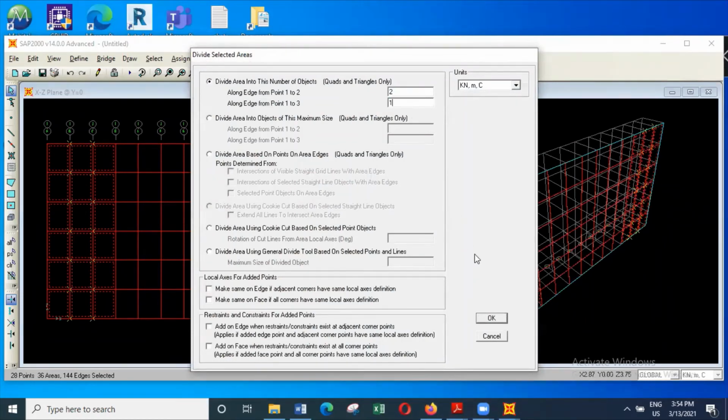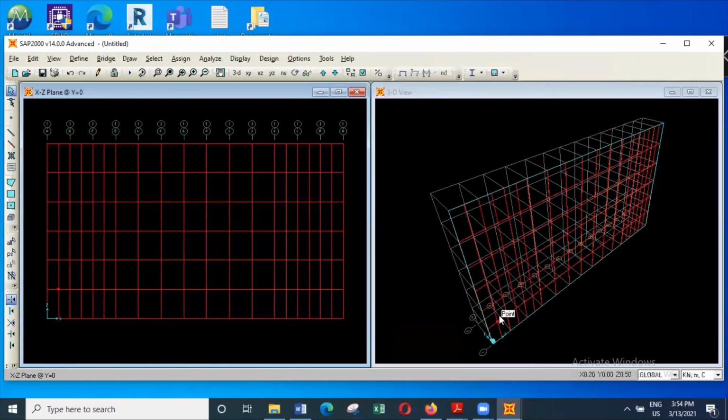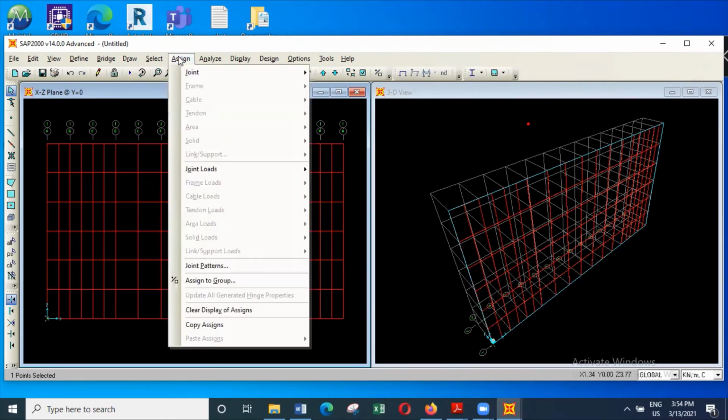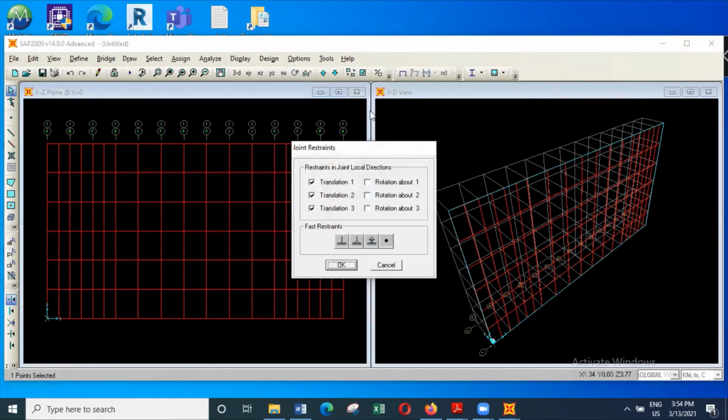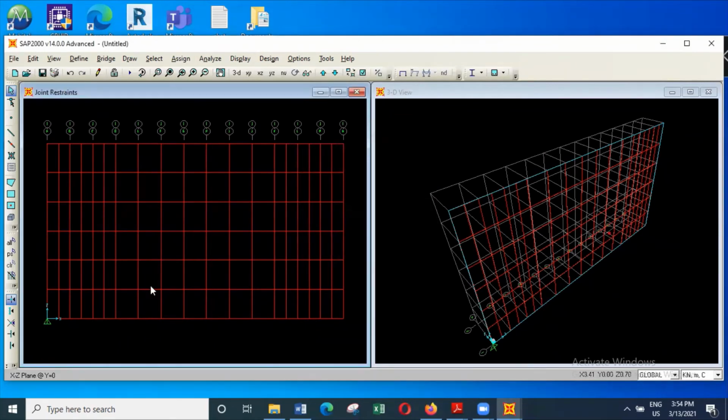2:1. Okay. So now I can assign the supports, and I will assign a joint restraint, but at other locations I will only get 1, 2, 4.